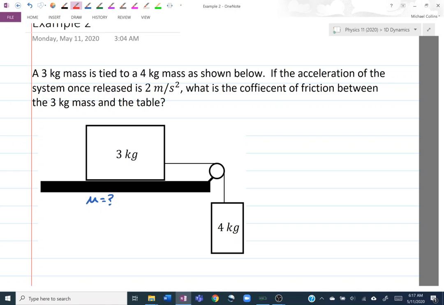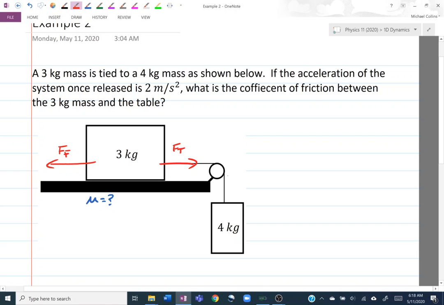I'm going to not draw a separate free body diagram this time. I'm just going to put my forces onto this diagram. For my 3 kilogram mass, I should have a force of friction pulling it backwards because I have a coefficient of friction there. It's asking me what it is. And I'm going to have this force of tension pulling it forwards.